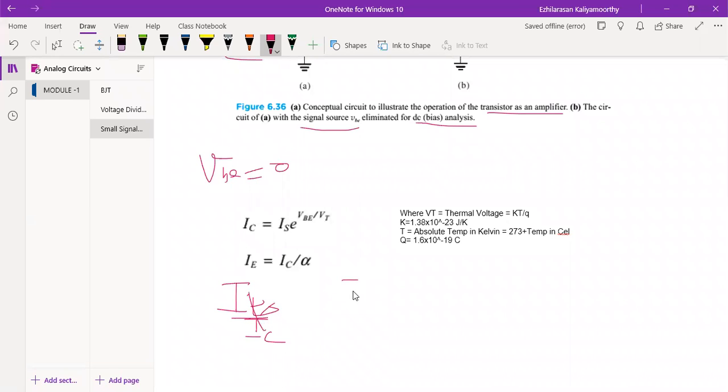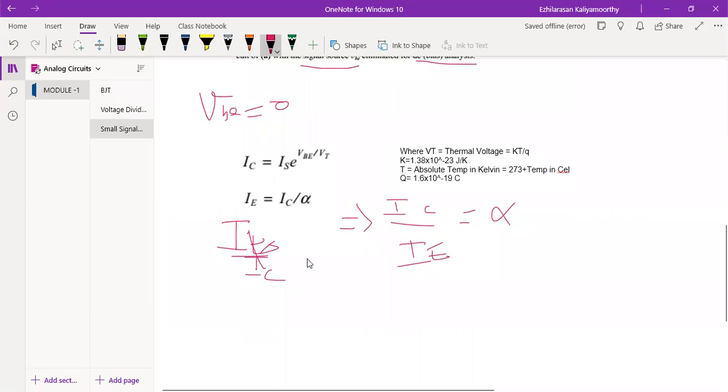There is a relation, actually it will be like this: IC by IE, that is the ratio of the collector current to the emitter current. That is nothing but a factor called alpha. That is, IC by IE is equal to alpha.